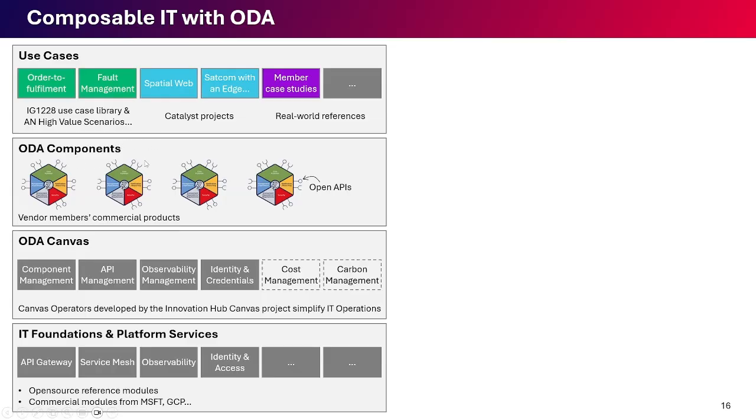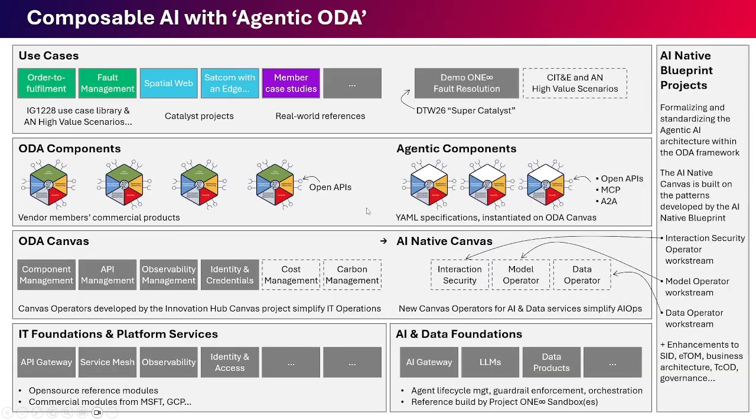The standard components are consumed by the ODA Canvas, and operators in the ODA Canvas read the component requirements and configure underlying foundational cloud platform services like API gateways, service meshes, observability, identity, and access management systems. Now, the second slide is a build which then shows the AI-native Canvas extensions. Alongside standard ODA components, we have agentic components embedding AI agents.